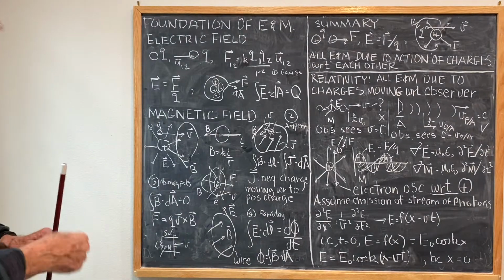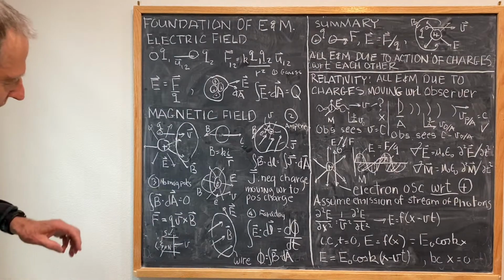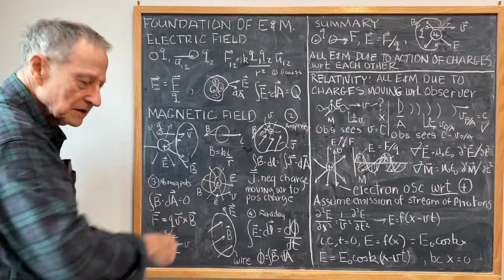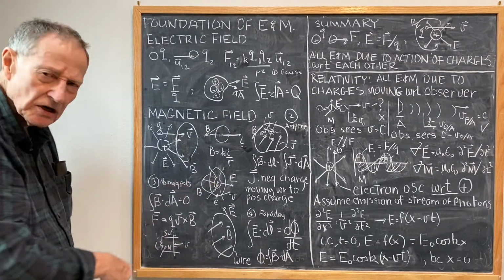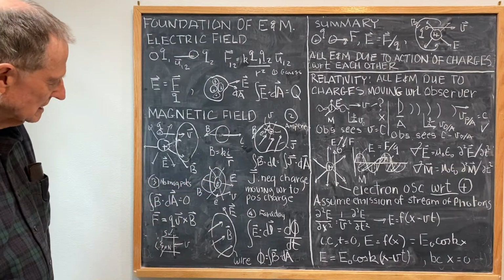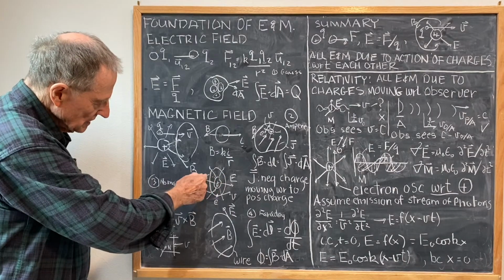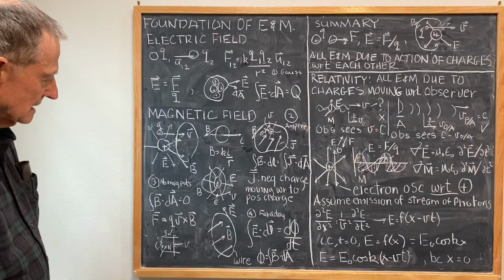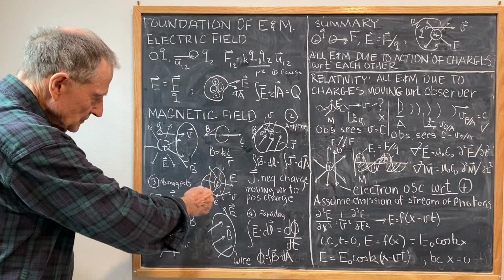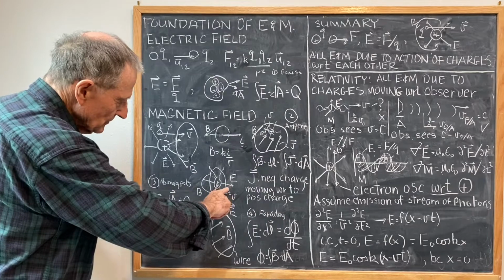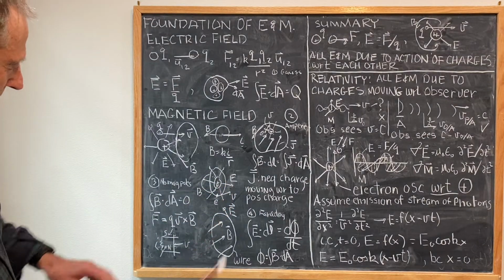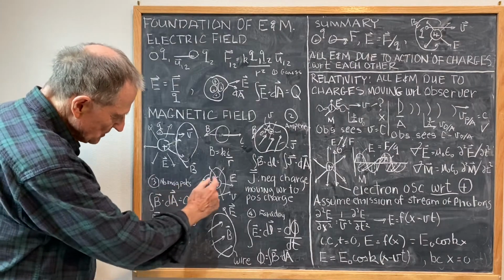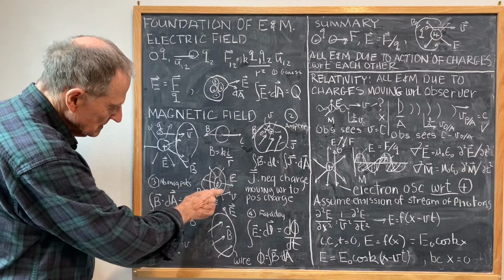Now, another example of a magnetic field generated on an atomic scale: if I have an electron circulating around a positive charge, then the electron is cutting the electric field as it goes around and generating a magnetic field, which is continuous and wrapped around the path of the electron.